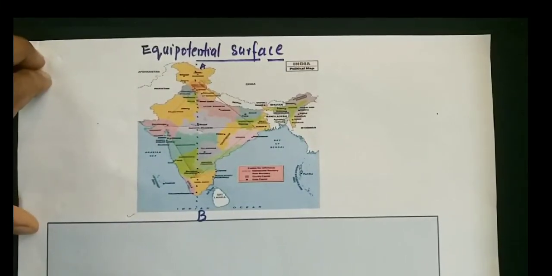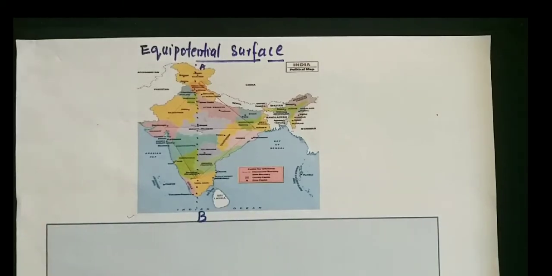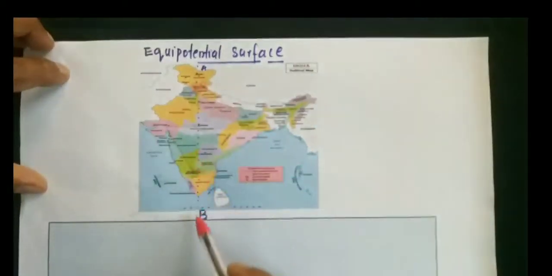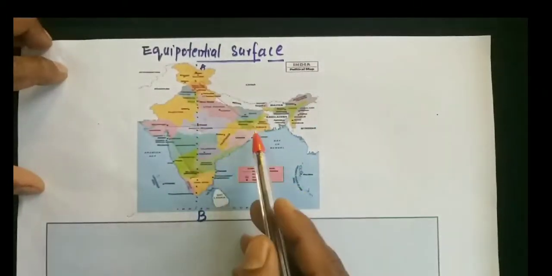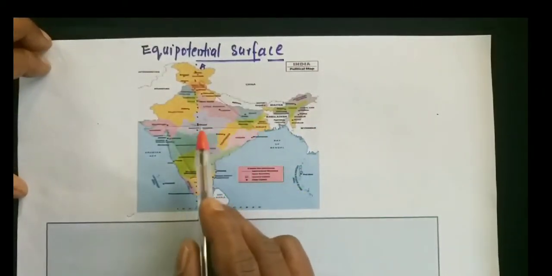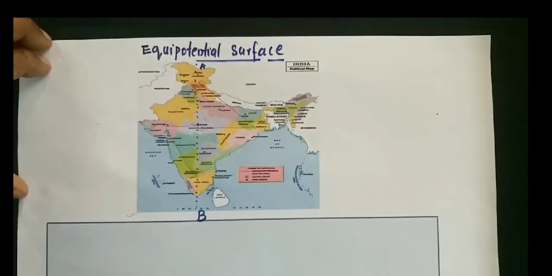It is not exactly the same distance, but there will be a small difference, of course. Now what I am trying to say is the people from both Gujarat and West Bengal will have the same tendency to visit both Kerala and Jammu Kashmir, as the distance from this area will be the same. So any places which lie on the line AB will have the same tendency to be visited by the people from Gujarat and West Bengal.